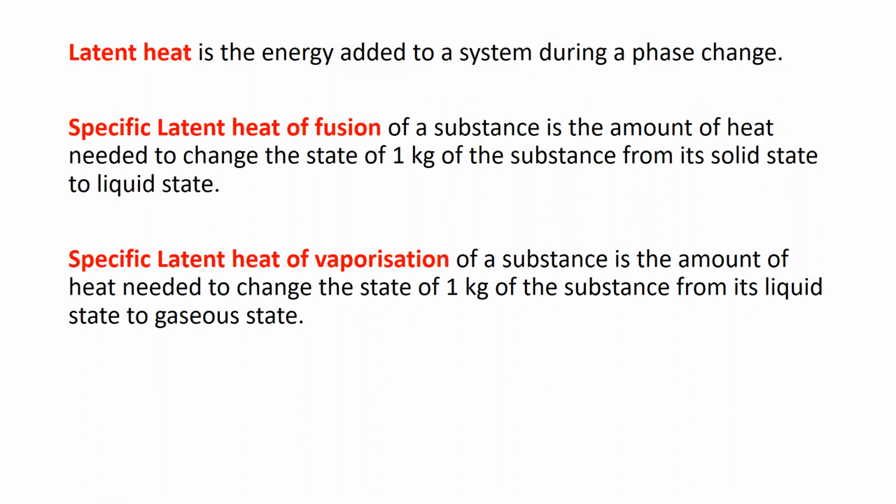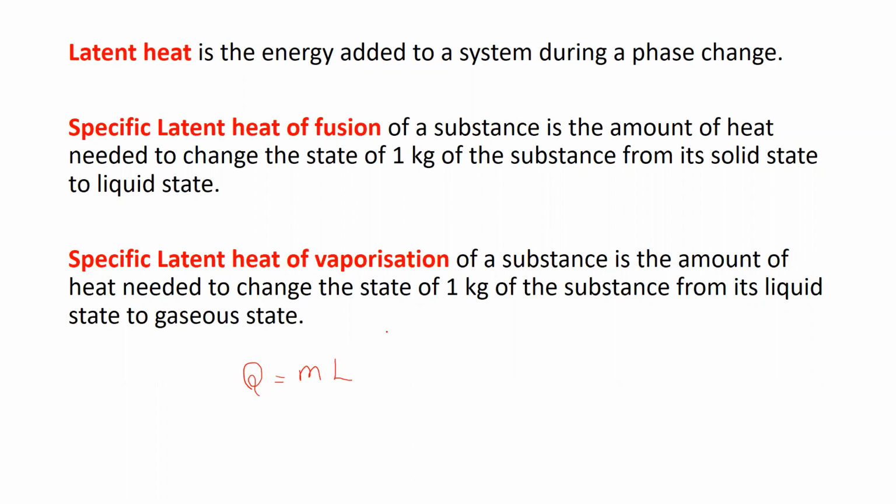And the formula that we use for calculating the amount of heat required is Q, the amount of heat required, equals the mass of the substance times L. L is the specific latent heat.